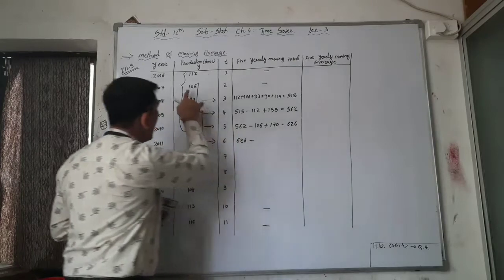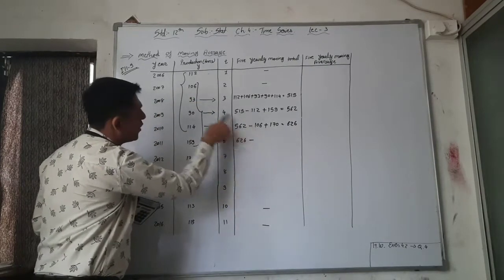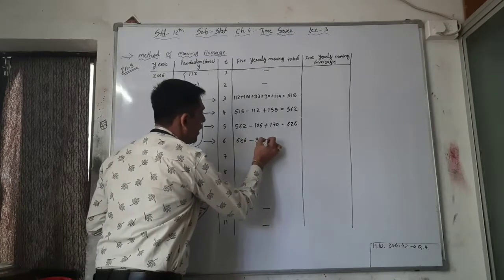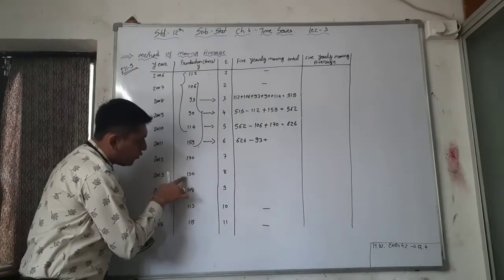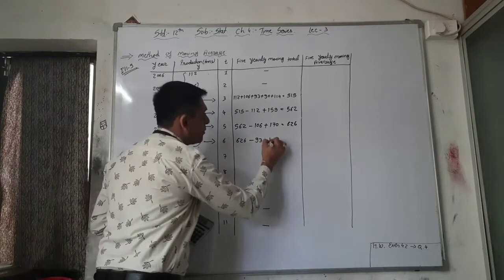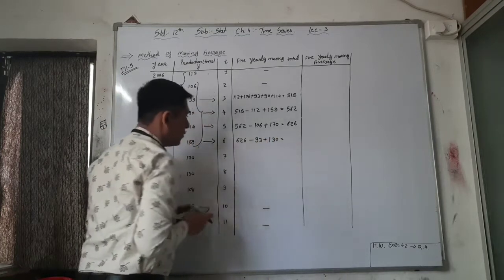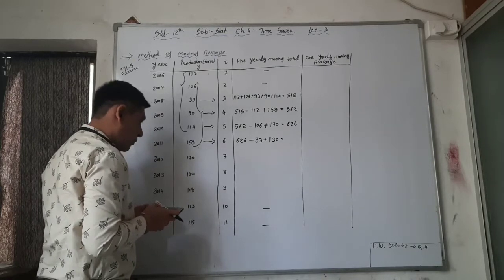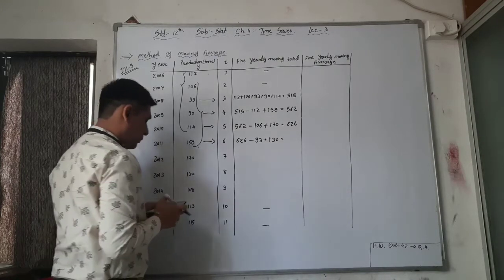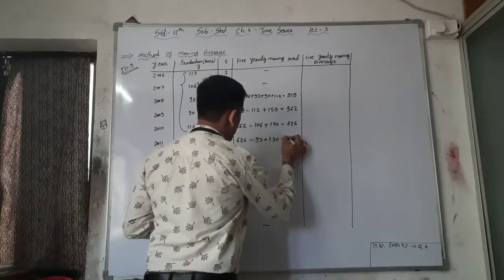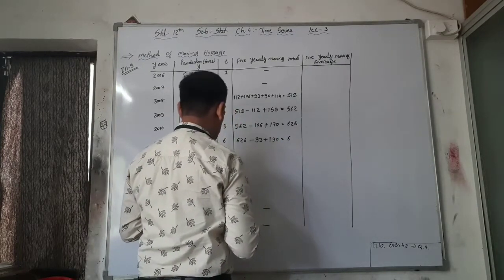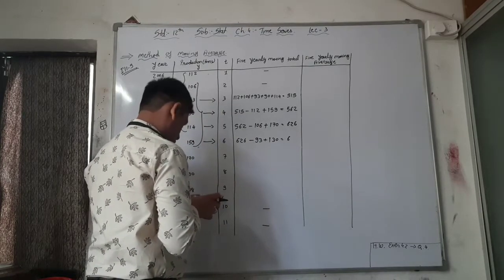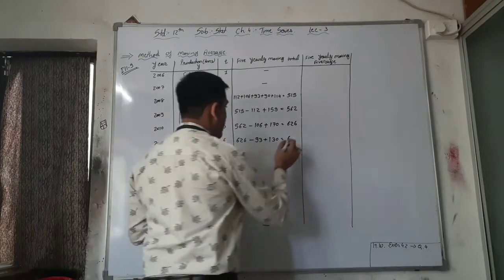Now next, 626 minus, after 106, see here, we have to subtract 93, and after 170 we have to add 130. So 626 minus 93 plus 130, that is 663.